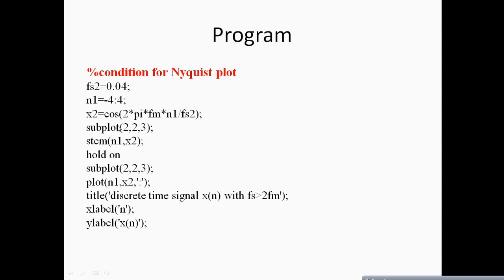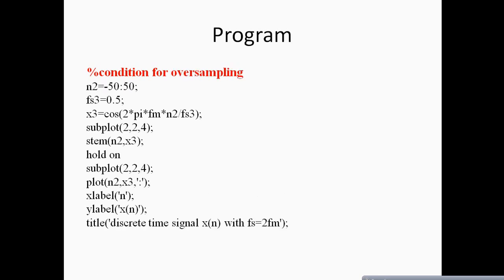Next, the remaining section remains as it is, like what we had shown previously. So we'll be checking out the Nyquist plot condition as well. And lastly, your oversampling condition. So I've increased the sampling desired frequency. You can check out the time length I've increased, and here I've given 0.5, which is definitely greater.